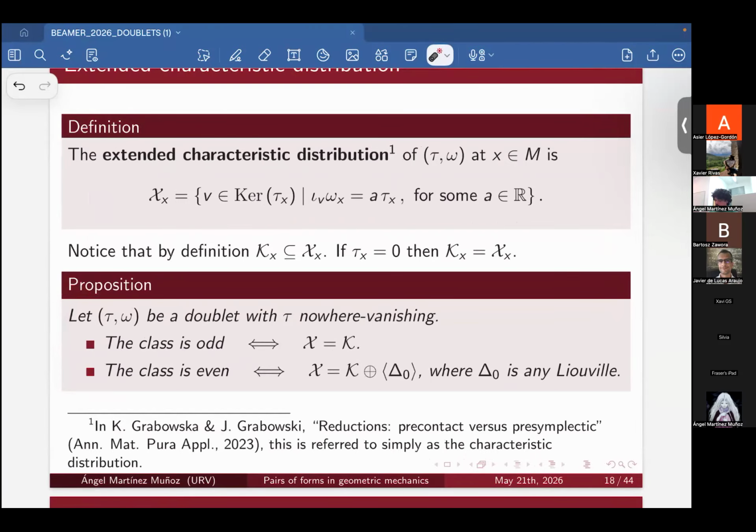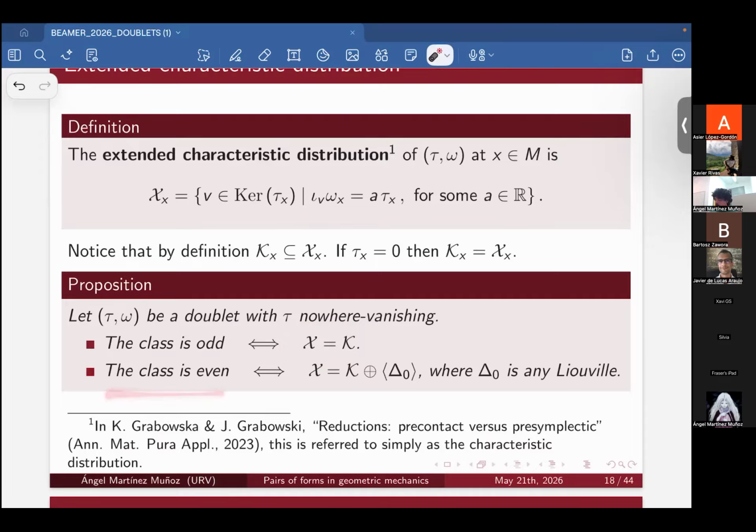If you have a doublet and tau is non-zero. Otherwise, if tau is 0, then the Liouville vector field, if it exists, is also 0. So you wouldn't have this direct sum here, but it's just not very important. But if the class is odd, then this extended characteristic distribution is just the characteristic distribution. So it's not extended at all. It's the same, because otherwise, if it had more things, then you would have Liouville vector fields, but you cannot have them if the class is odd because you have Reeb vector fields.